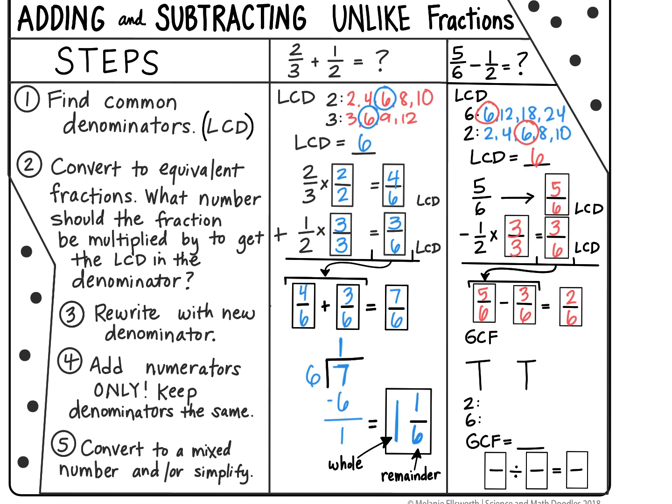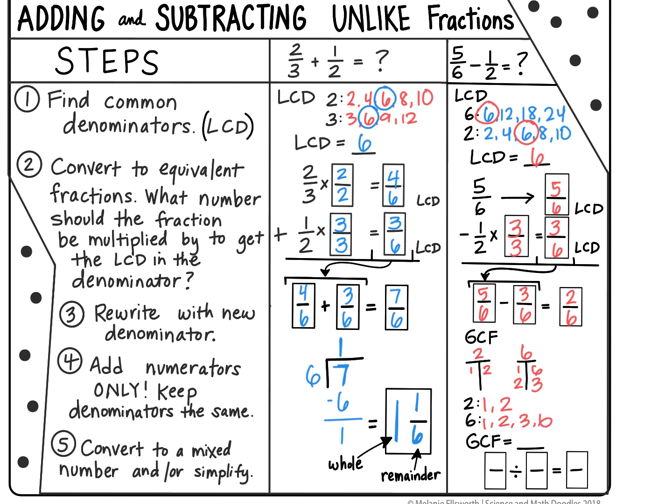This is where GCF from yesterday comes in handy to simplify. So I want to find the GCF of 2 and 6, so I know what to divide both of these by to get my simplified answer. So I'm going to list out my factors of 2 and my factors of 6. Once I have them in my T-chart, I can list them so that it's organized nicely.